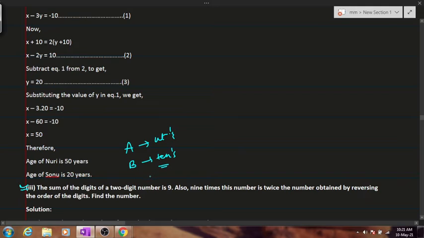So the digit sum is how much? 9. So a plus b is equal to 9. Any doubt till this much? Now, also 9 times the number. Can you tell me the number out here? If the digits are a and b, the number will be 10a plus b. Do you agree? Or 10b plus a?